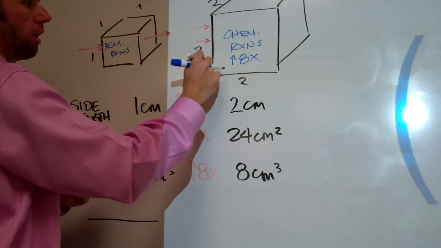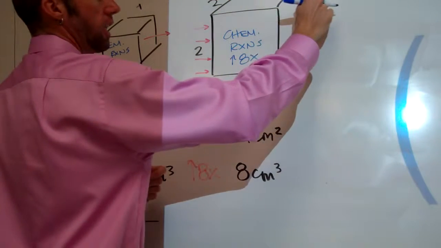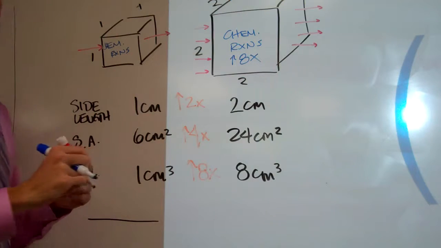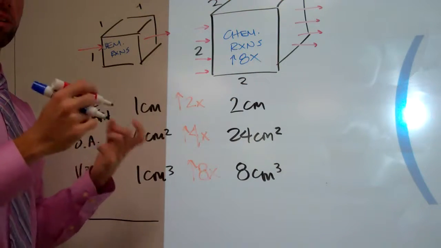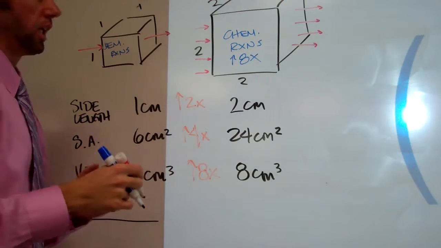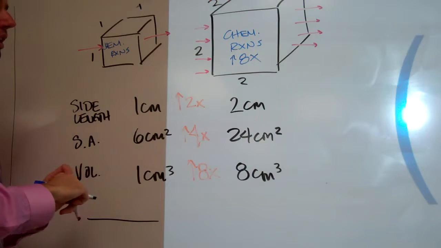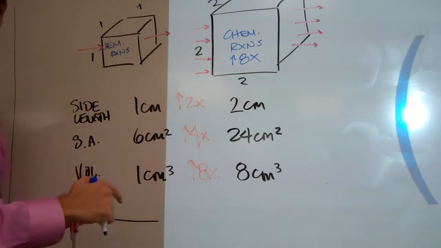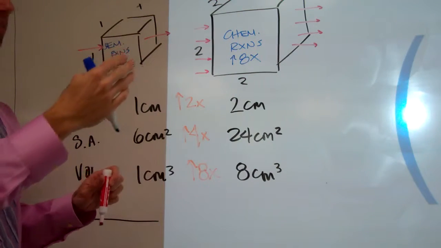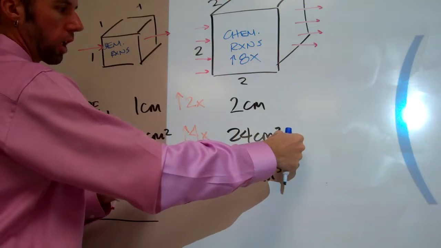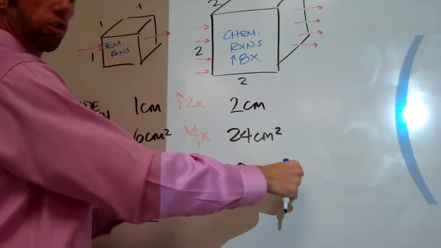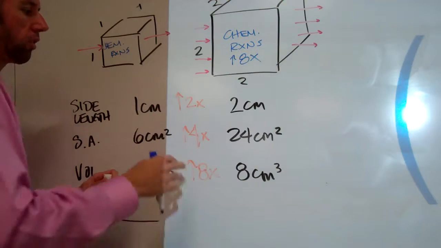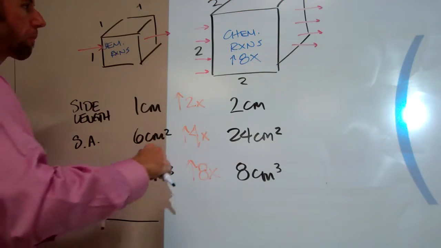So it can only bring in 4 times the amount of stuff, and it can only get rid of 4 times the amount of stuff, which is not enough to take care of something that has gone up 8 times in its volume. So you can see that as the cell size gets bigger, the surface area and the volume do not increase at the same rate, because if you look, we're talking about centimeters squared versus centimeters cubed. So the volume is always going to increase a lot faster than that surface area.